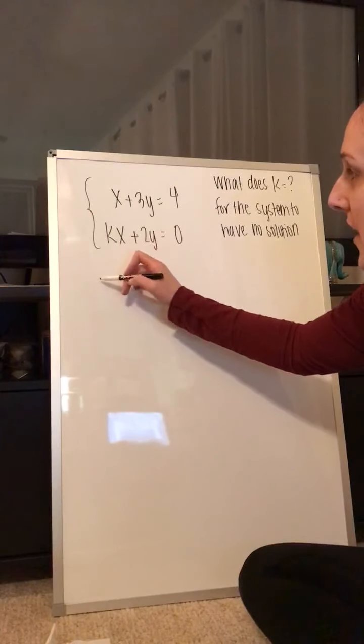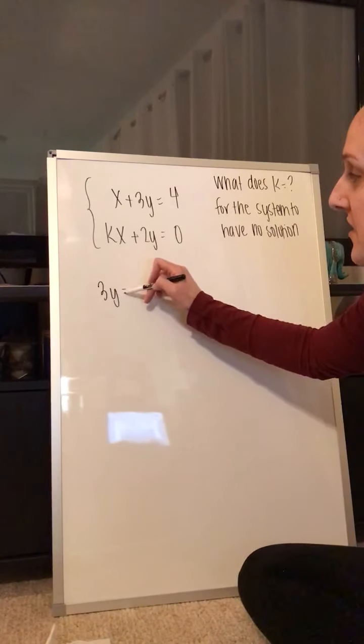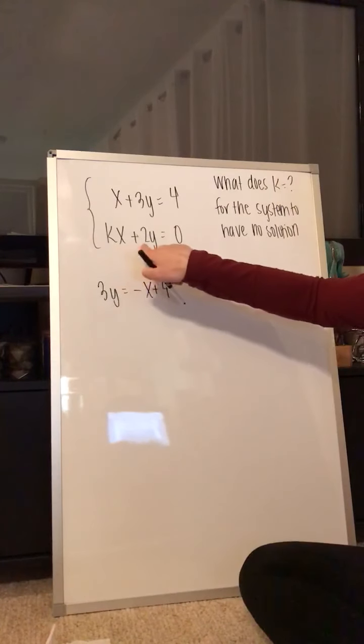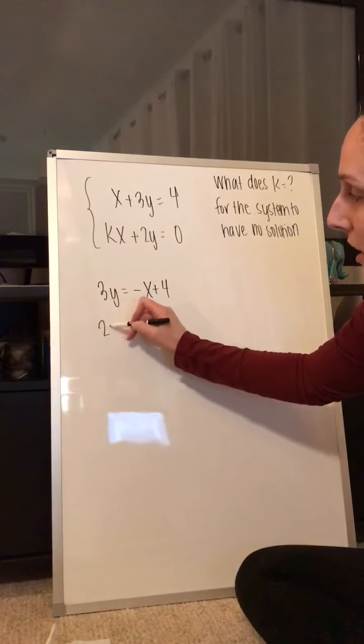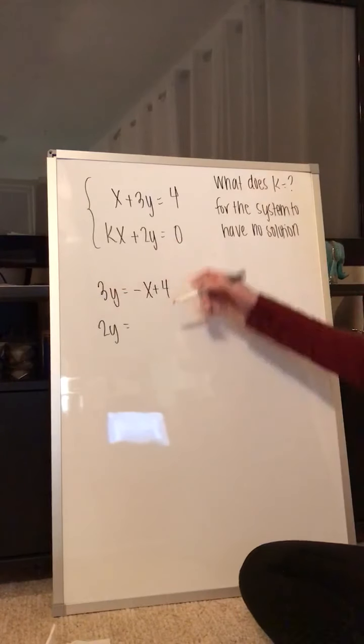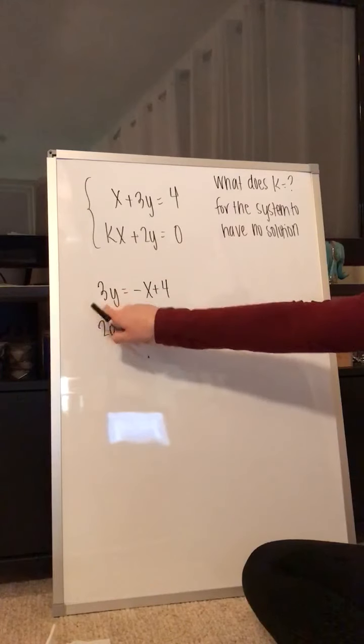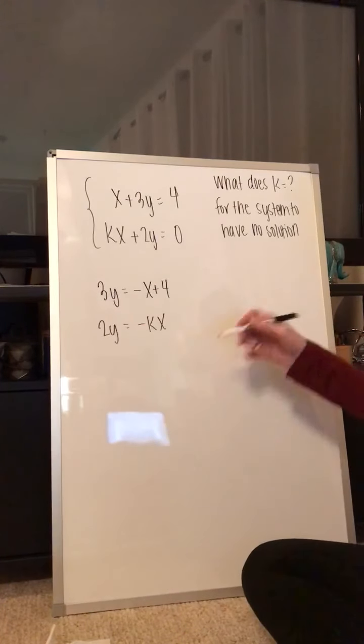My first one is going to be 3y equals, I'm going to move the x to the other side, so negative x plus 4. The second one, I'm going to leave the 2y where it is, and move the kx to the other side, so that gives me negative kx. Then I want to get y by itself in both of these equations.